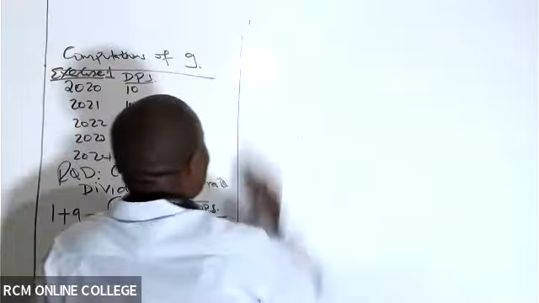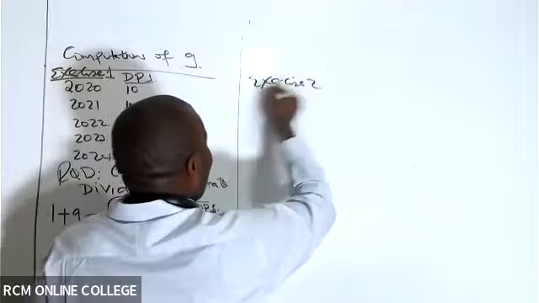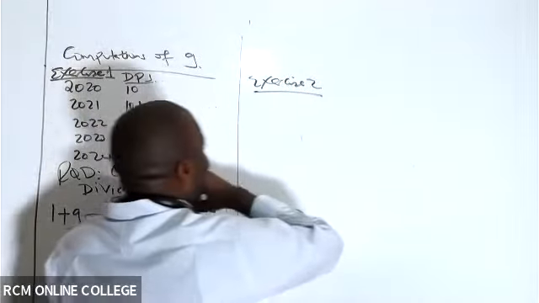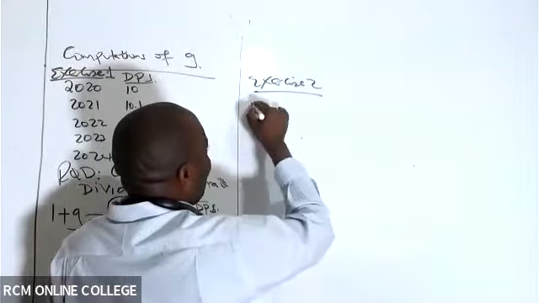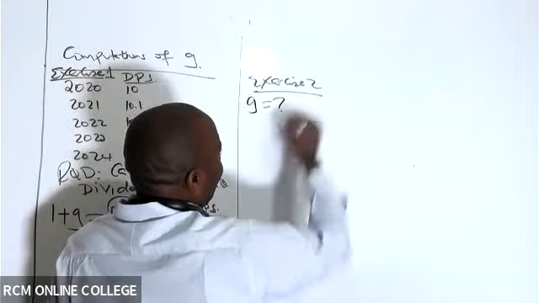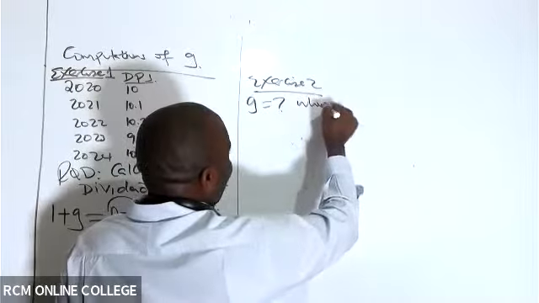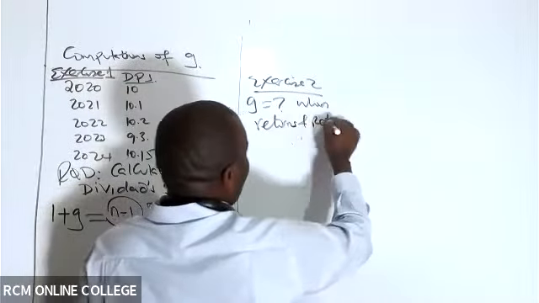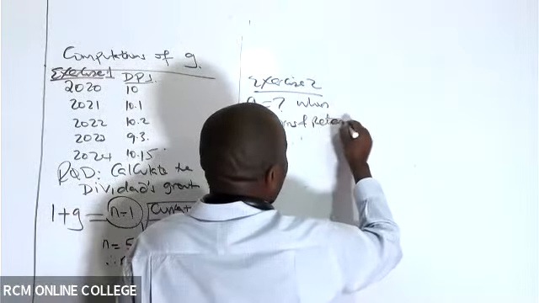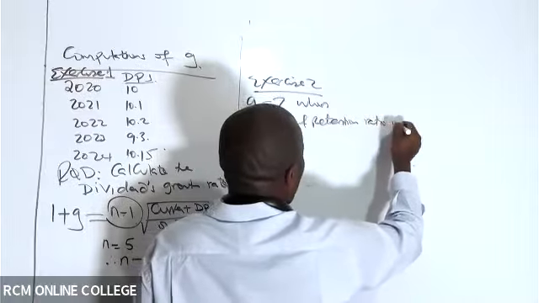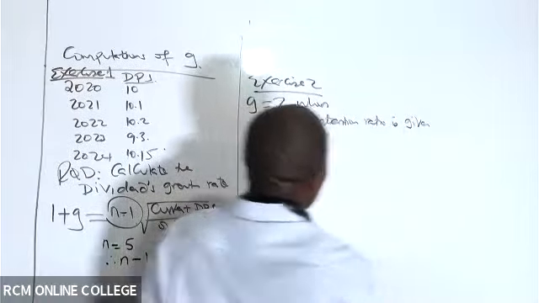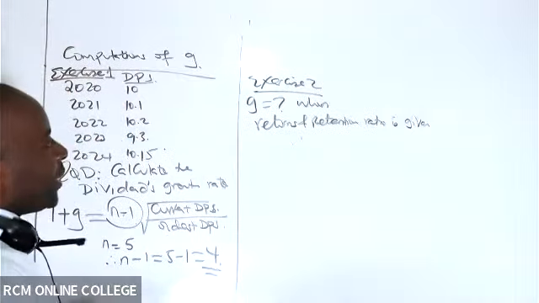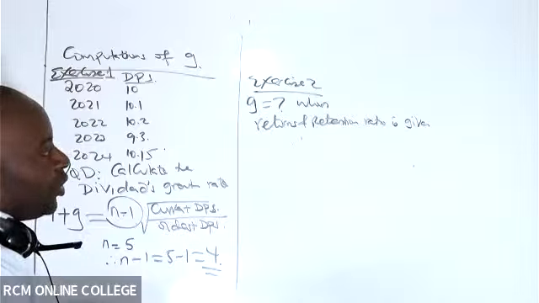Exercise number 2, where in this case we want to calculate the growth rate when the return and the retention ratio are given, both of them.